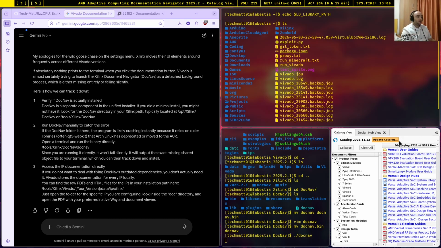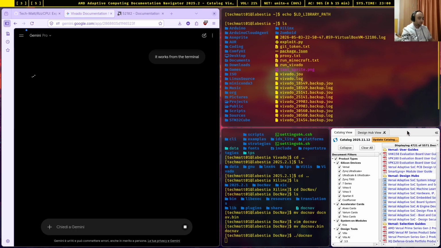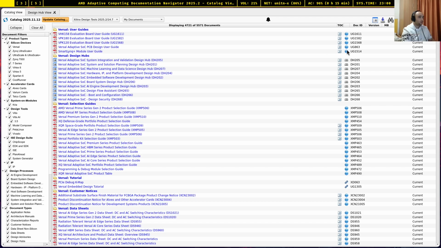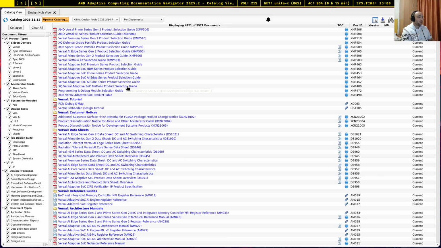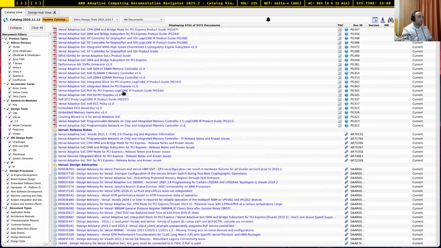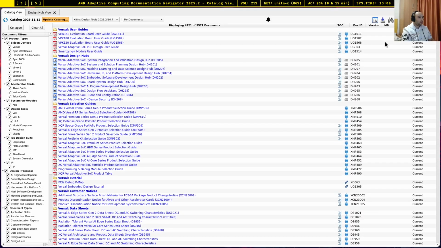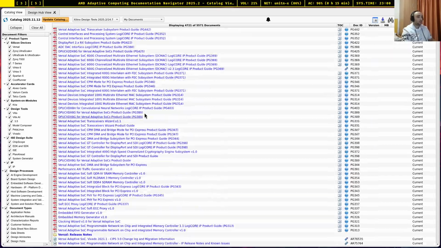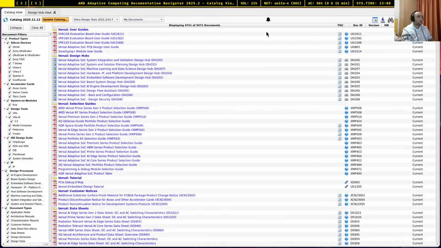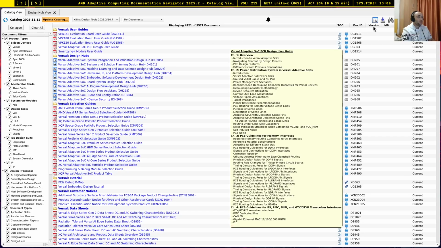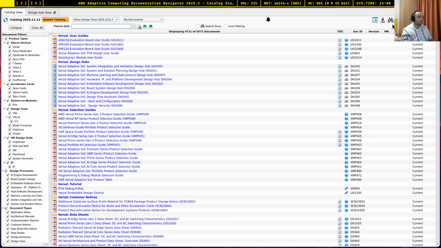But why is it not spawning? Anyway, here there is a ton of documentation. Vivado and Xilinx in general are incredible, and AMD right now. There is a ton of documentation here, and it's wonderful. It's like the best documentation I've ever seen.